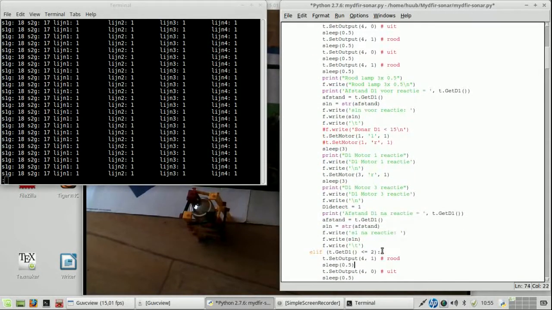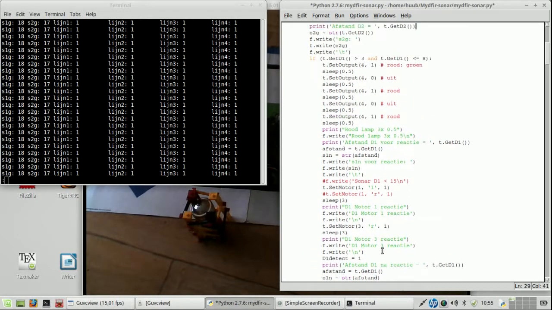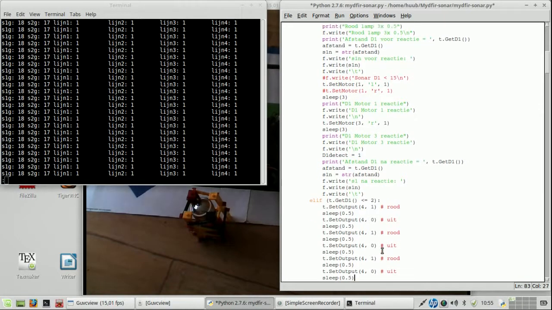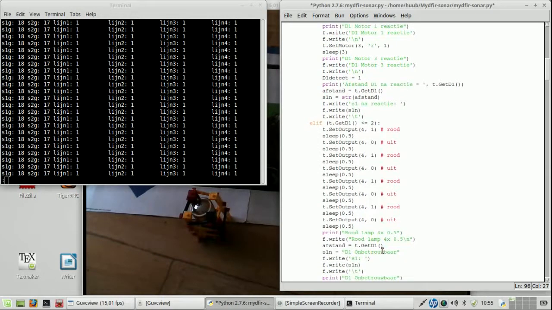And yes, then I should change this to 3. Although no, because this is unreliable, and reliability is 2.